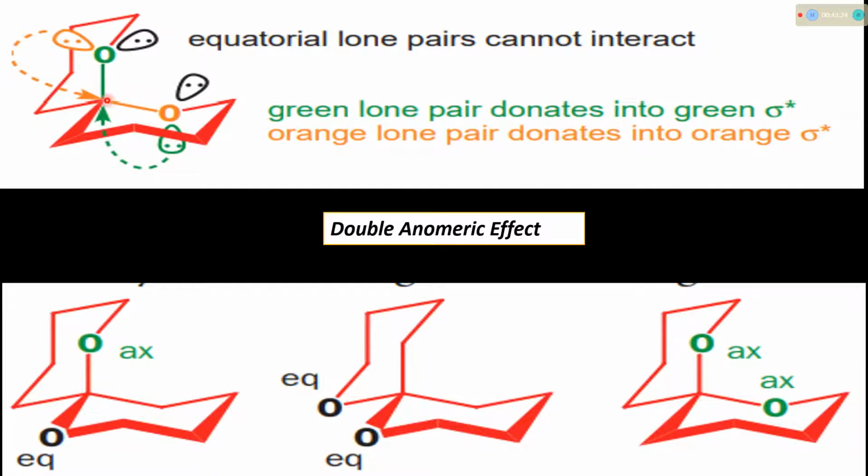If we consider this cyclohexane, due to the anomeric effect, the green lone pair of oxygen donates electron density to the sigma star of this C-O bond.